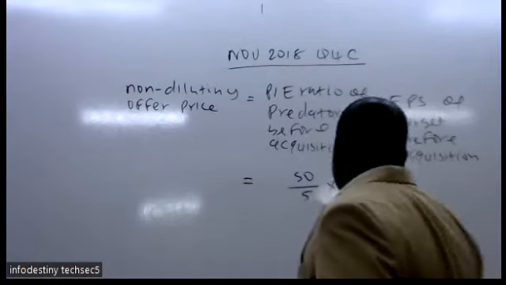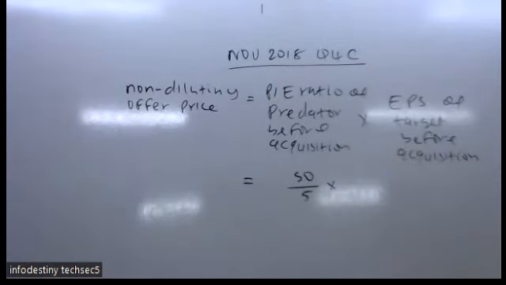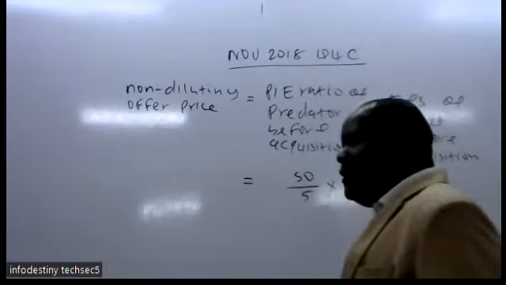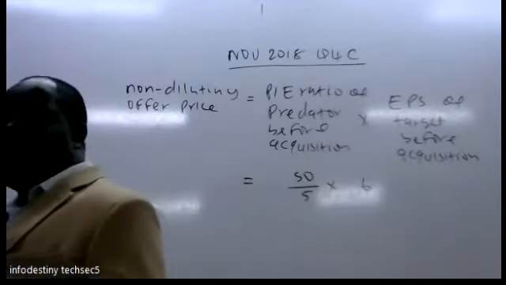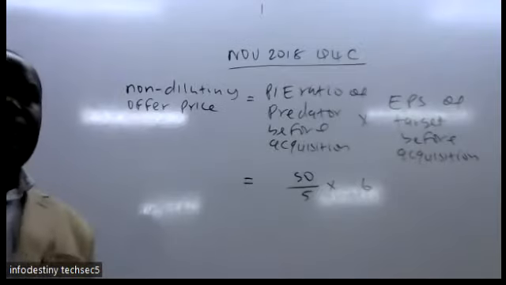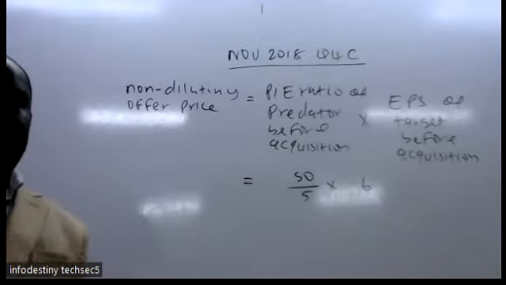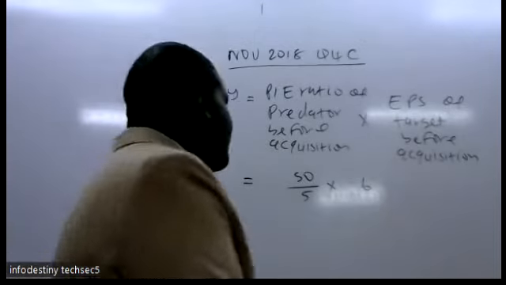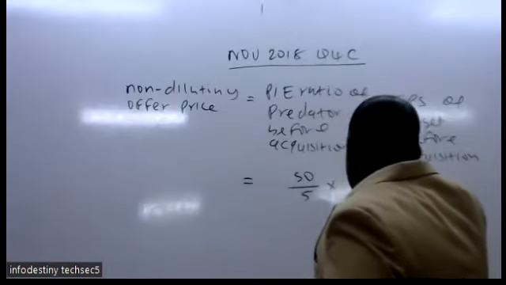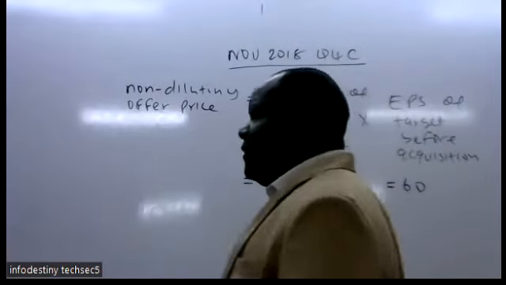Then what is the earning per share of the target? The earning per share we have just calculated for Roca, multiplied by 5, should give us a figure of 16.